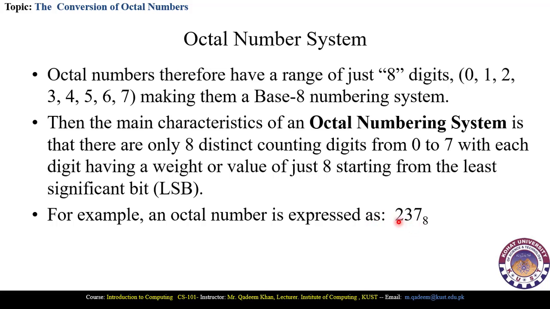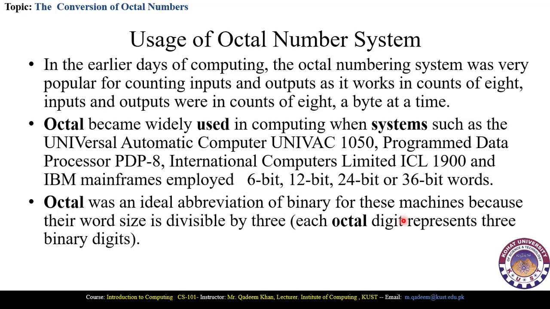Here 2 is the most significant while 7 is the least significant digit in this octal number system. So the maximum digit in this octal number system is 7 and the least one is 0. So this is the number system which is very much important for us when we program computer systems, for example, to provide instructions to their processors.